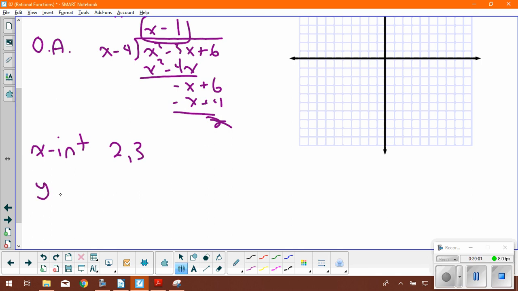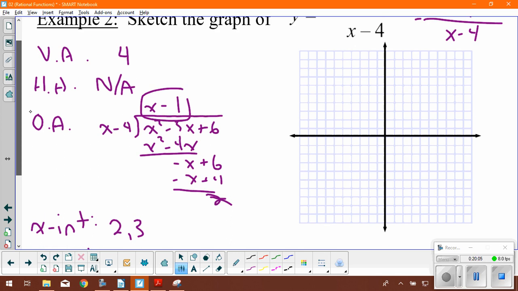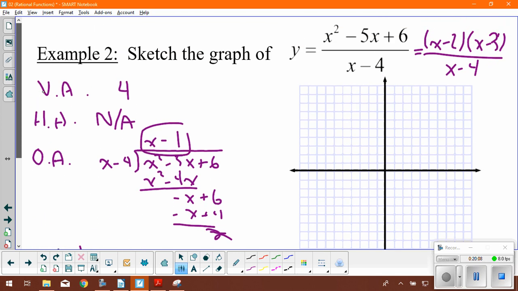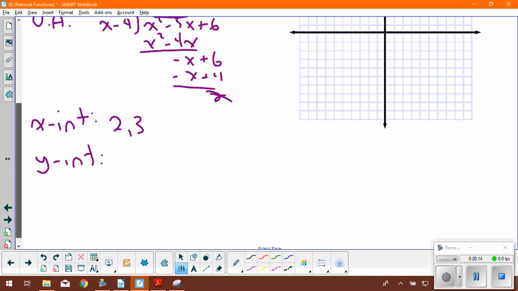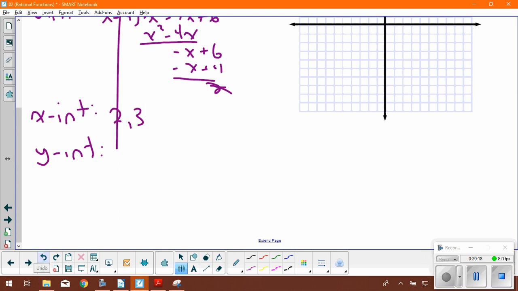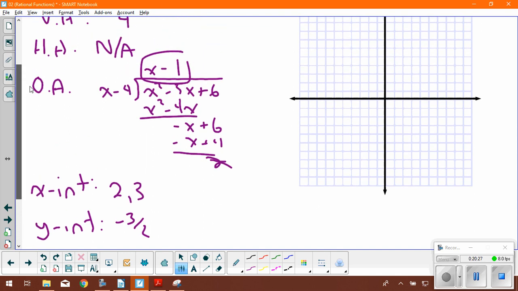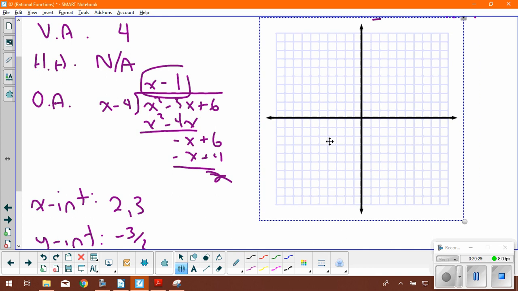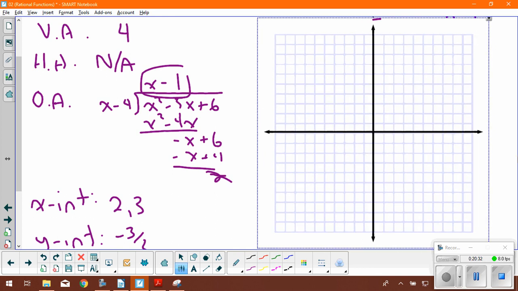My y-intercept, we know, is the ratio of the constants. So the constants are 6 and negative 4. So my y-intercept must be negative 3/2. So with all that information that I have there, we are now ready to create our graph.